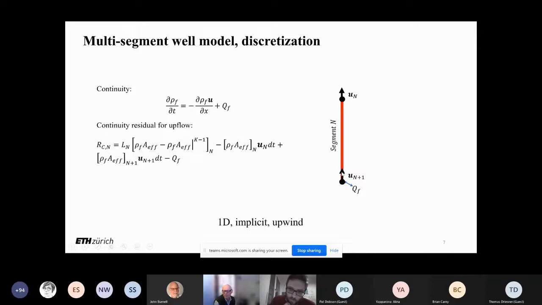And the inflow from below: the velocity coming from the segment just below, times the cross-sectional area of the segment below, times the density of the fluid contained in the segment below, plus potentially a source term. All of those terms normally need to add up to 0 if we have perfect mass conservation in this segment.